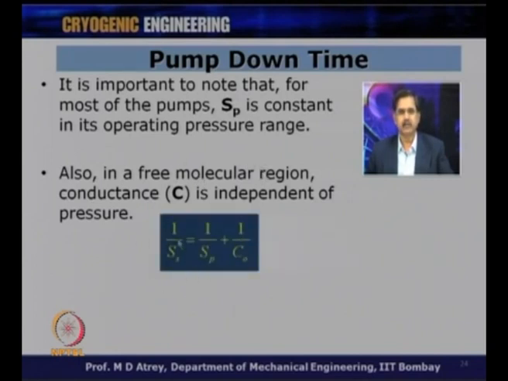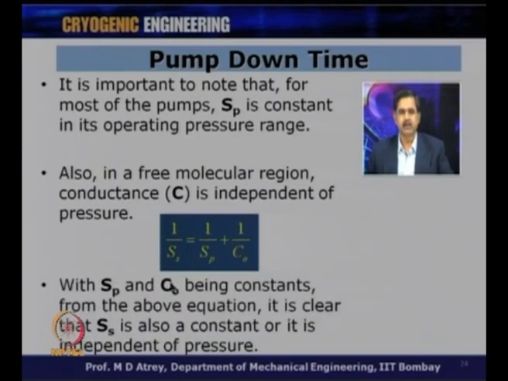1 upon Ss is equal to 1 upon Sp plus 1 upon Co. We can say from here that if Sp and Co are constant, it is clear from the above expression that Ss is also constant, or independent of pressure.